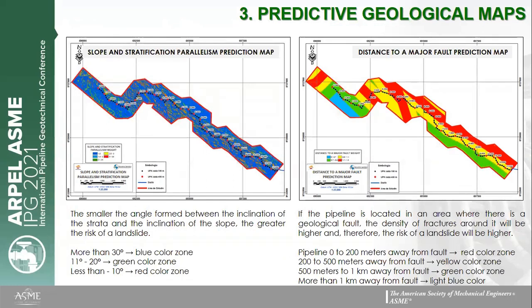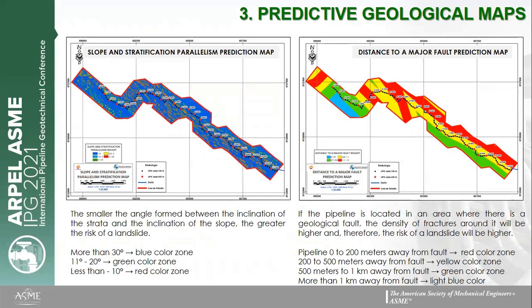The third map is the slope and stratification parallelism prediction map. If we have a parallelism, an angle formed between the slope and stratification of more than 30 degrees, they are going to be located into the blue color zone. If this angle is between 11 to 20 degrees, they are going to be located into the green color zone.